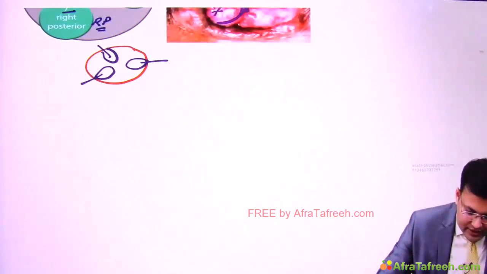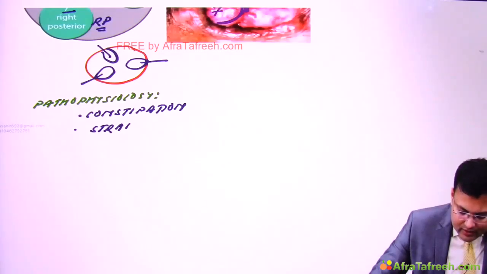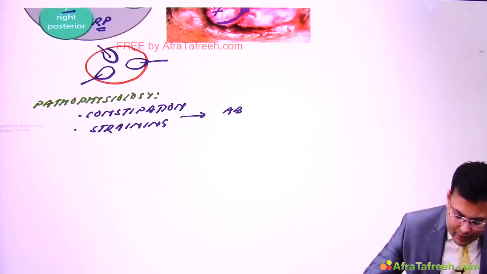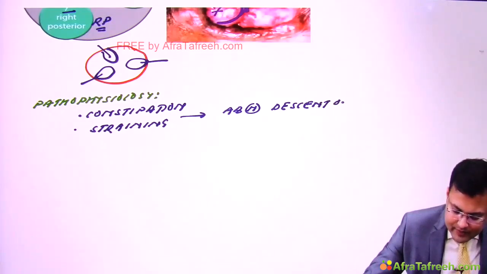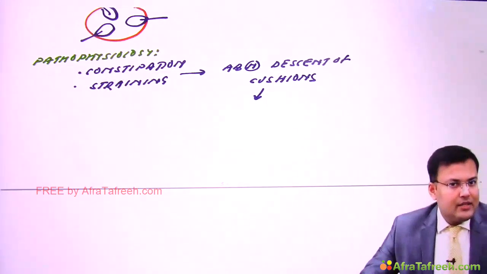So see the pathophysiology of hemorrhoids. These patients have constipation, and because of constipation they strain. Because of straining there is abnormal descent of cushions, and these cushions are injured by hard fecal matter.